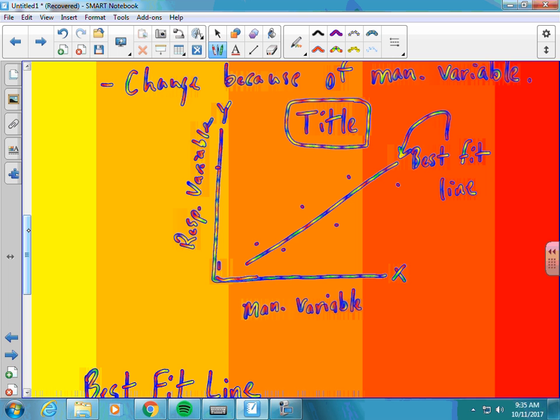I want to use as much of the graph as possible. So I have to take a look at the range of data.